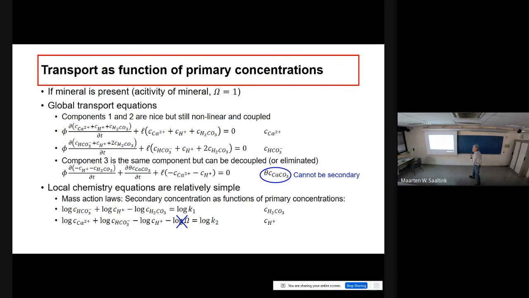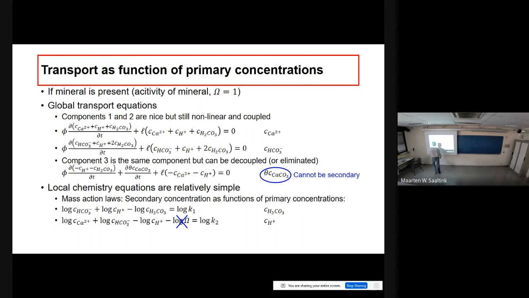And the rest is more or less the same. But I have to change, instead of my omega, I have to put some other variable. Whether the mineral is present or not, I have to change the variable, which is the edge, to code this and to have an algorithm that does it correctly.